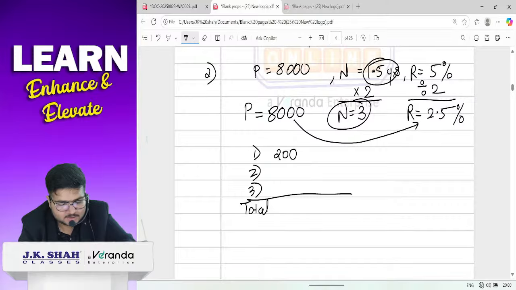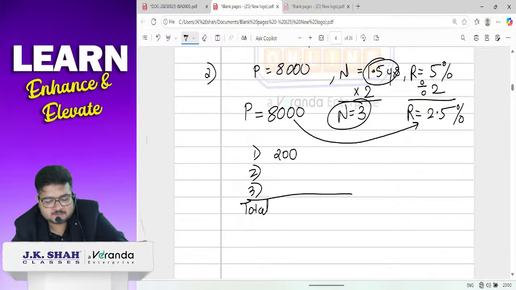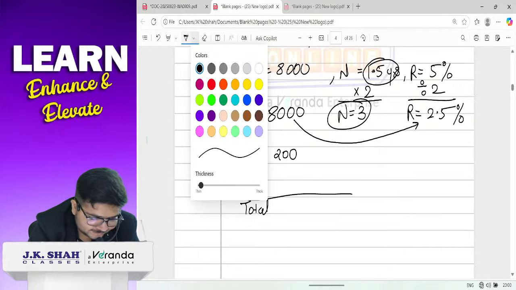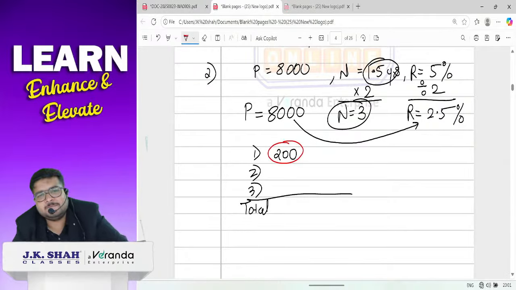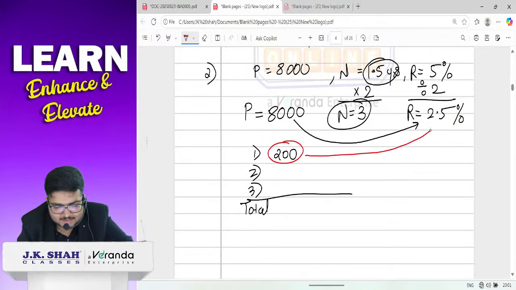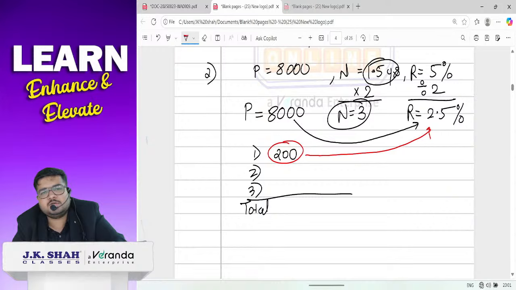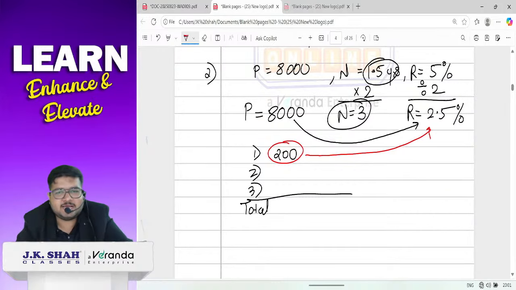So now we found out first year ka interest. Now who will help me to calculate second year ka interest? This 200 will help me. How will we calculate second year ka compound interest? 200 का 2.5% calculate करो and 200 में add कर दो.